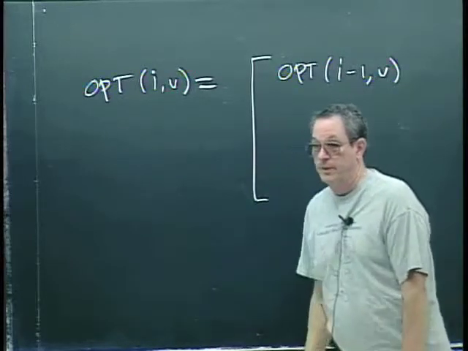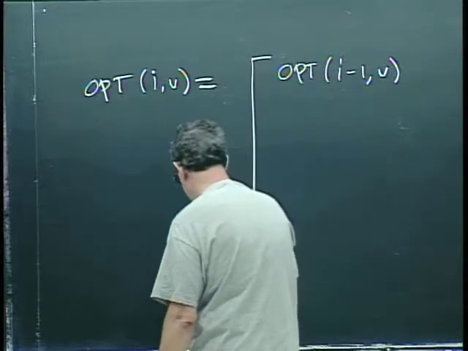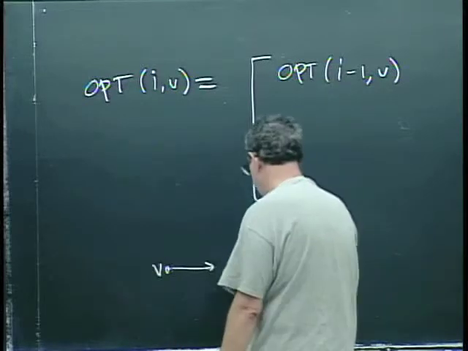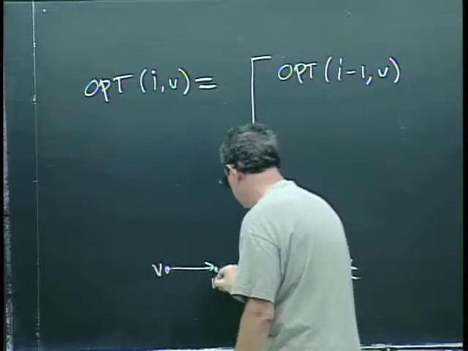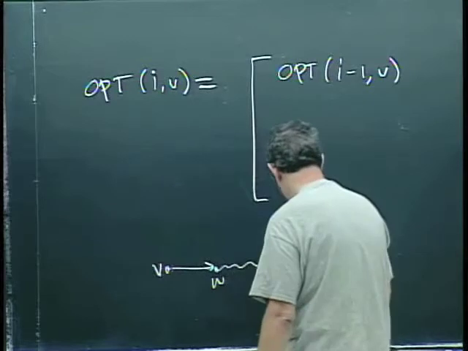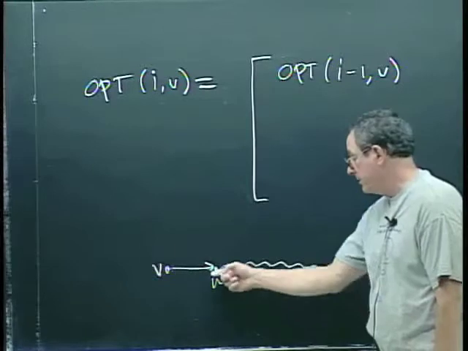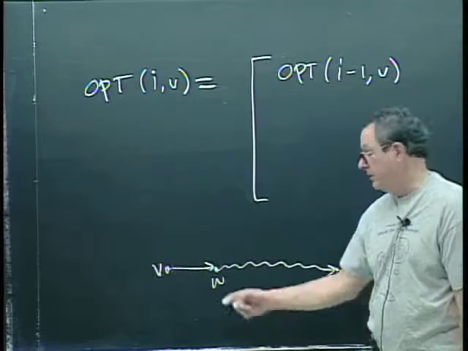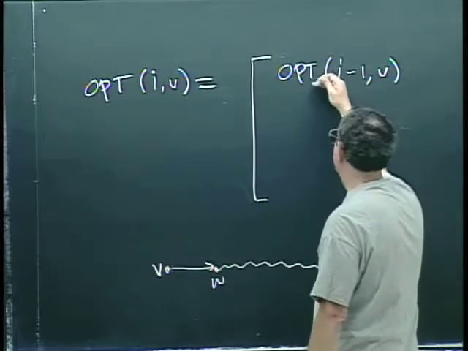Okay? But if you do want to use i edges, and that means exactly i edges, from v to t, then your first edge is going from v to some other node. Let's just give it a name w. And from w, you're taking a path to t, and how many edges does that have in it? Yeah, exactly i minus 1. So this is the case when we're looking at paths that have exactly i edges, because i minus 1 or less is already in here.